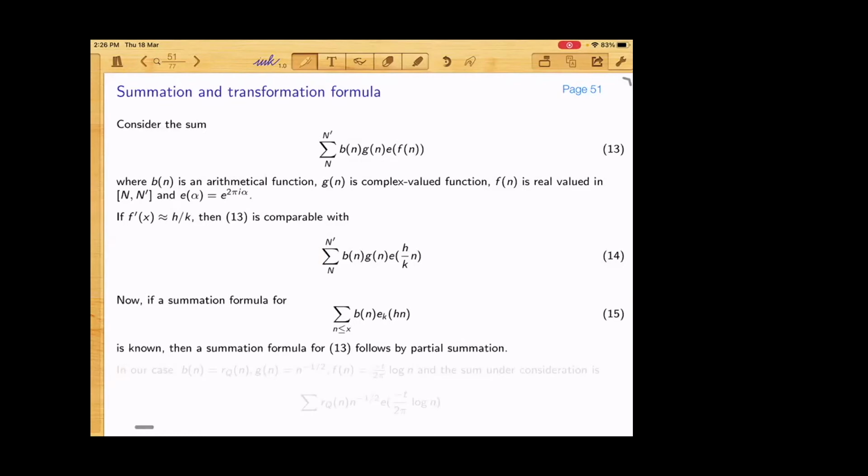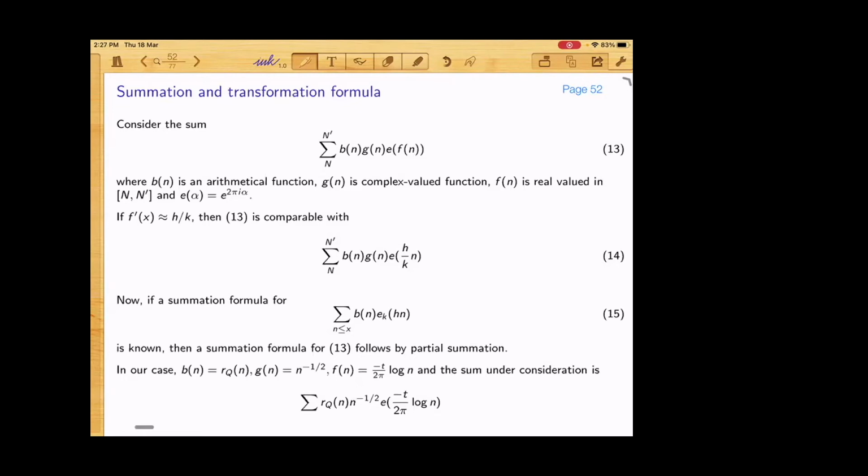Now, if a summation formula for this sum 15 is known, then we can sum 13 by partial summation, by parts. This is a standard thing. So in our case, we have our B(n) as r_Q(n), G(n) as n to the power minus half, and F(n) as minus t by 2 pi log n.